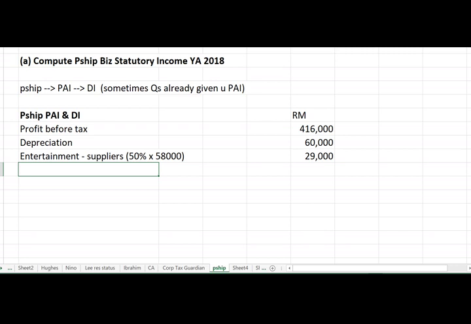Okay, the next one is maintenance of the motor car. I must let you know the issue here, because at the bottom of the profit, I didn't read the whole question, but I'm telling you now. After the profit, you see there's a short paragraph that describes the car. The partnership has a motor car used exclusively by Fei Fei, which is the partner.